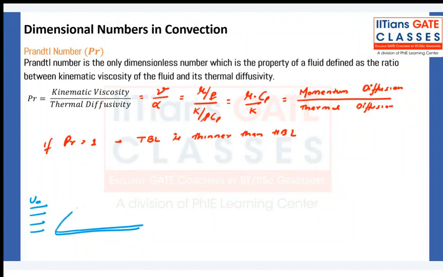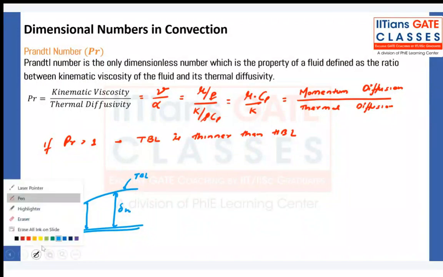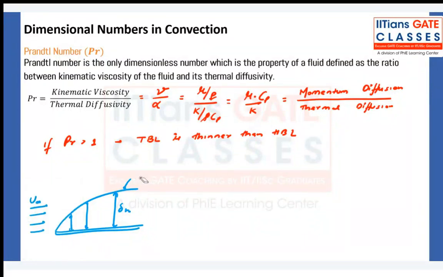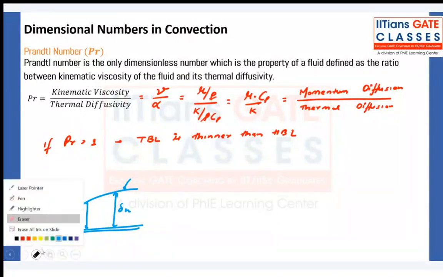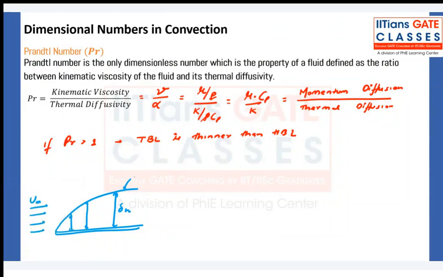We'll talk about this, do not worry. Like this. This is the thickness at every point. I'm sorry, this is the hydrodynamic boundary layer or velocity boundary layer, not thermal.